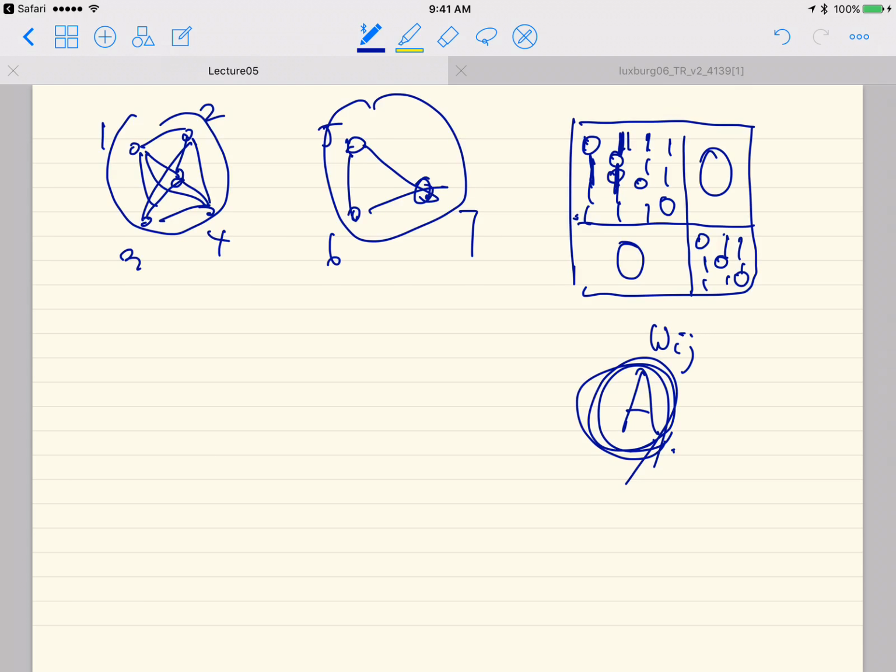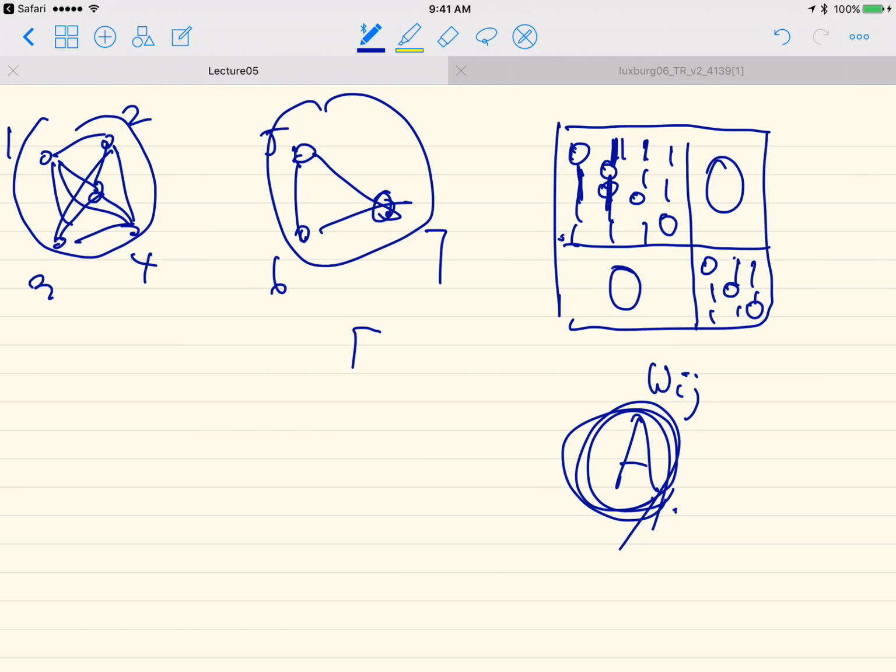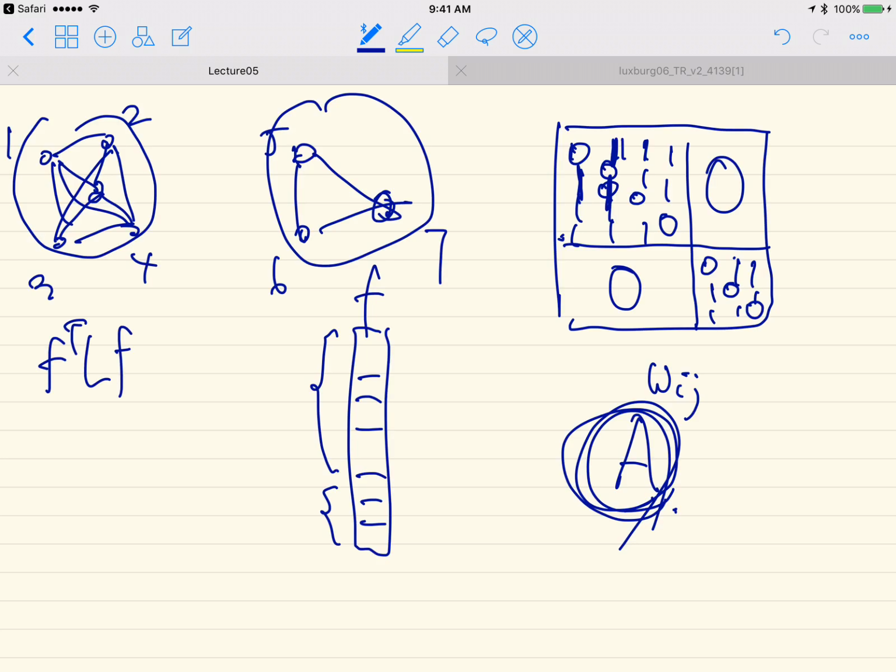Now we consider a 7-dimensional vector f.